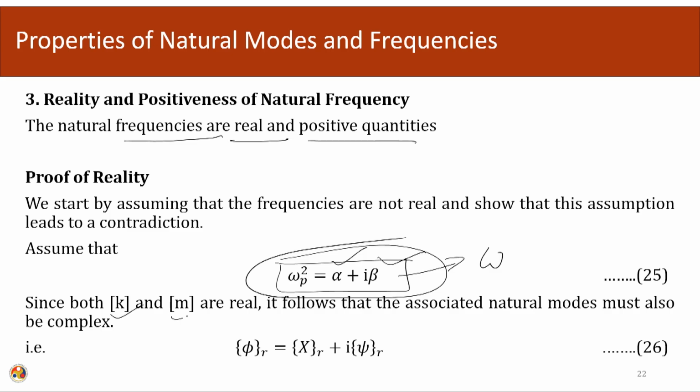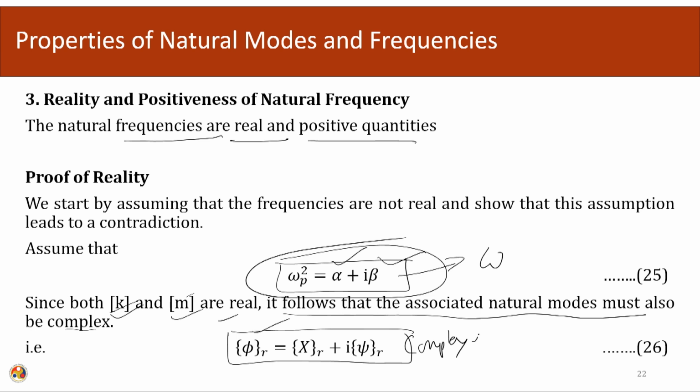Since both k and m are real, it follows that the associated natural modes must also be complex. So, the mode shape has to be complex. We are expressing the mode shapes in terms of a complex formulation, similarly to what we have done for the frequencies.